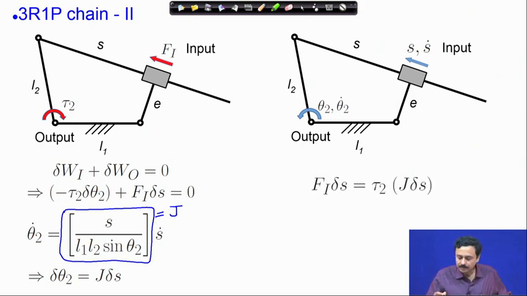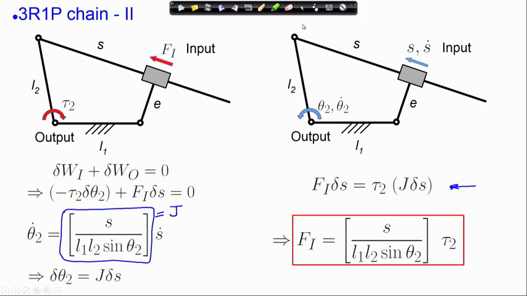Therefore, from the statement of the principle of virtual work, by replacing this delta theta 2, I have obtained this relation, and finally, since this relation must hold for arbitrary delta S, we must have Fi related to the torque through this relation. Now, you can see that the Jacobian has come into the relation.